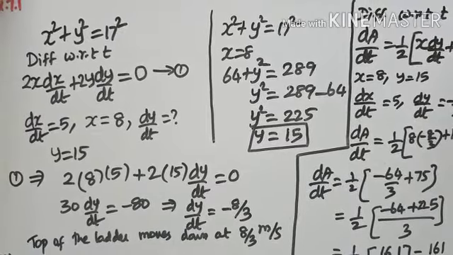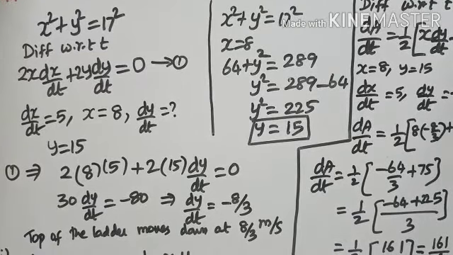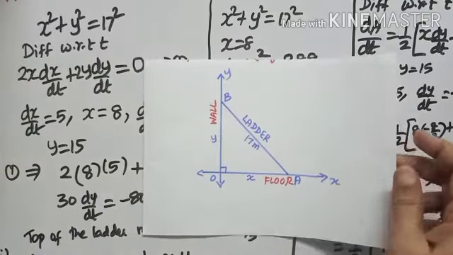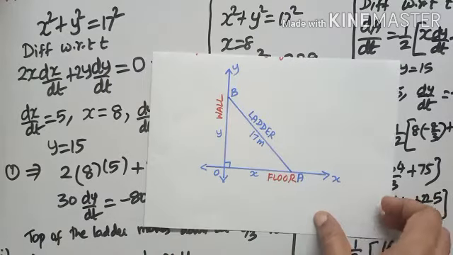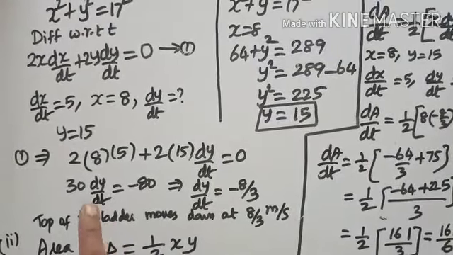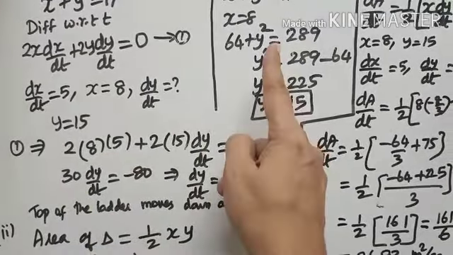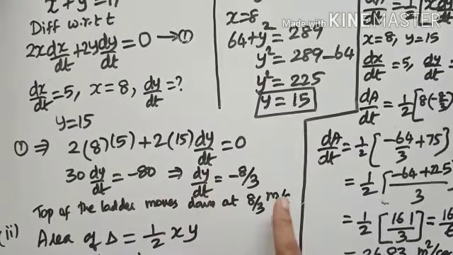A quick run through of the problem. The equation for the right angle triangle diagram is important. We have drawn ladder, wall and floor. X square plus y square equal to 17 square. As we differentiate, just write what all we know using Pythagoras theorem. Find out y value. We find out dy by dt.